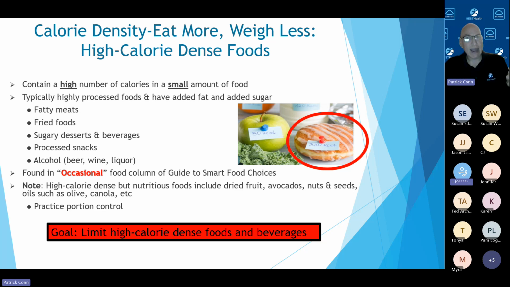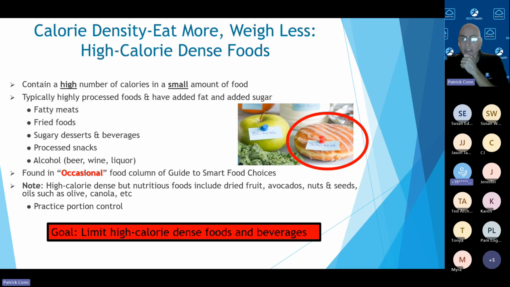They're still considered high calorie dense because they have a lot of calories per volume or amount. So that's where you really have to practice portion control. Okay. You really have to practice portion control. So your goal is to limit high calorie dense foods and beverages.